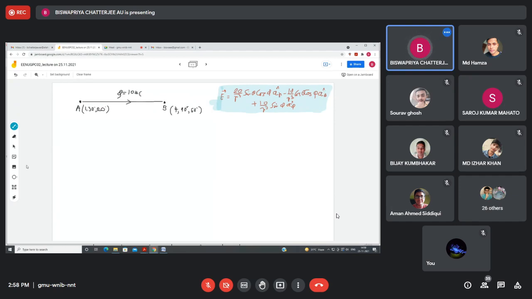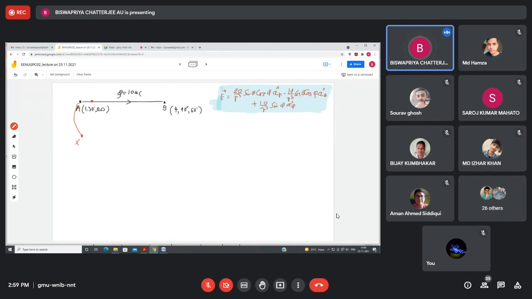So now we shall take this problem into three different stages. First, we shall move this charge to a new point X. Means I want to tell you that instead of moving in this direction, we shall take a different route.